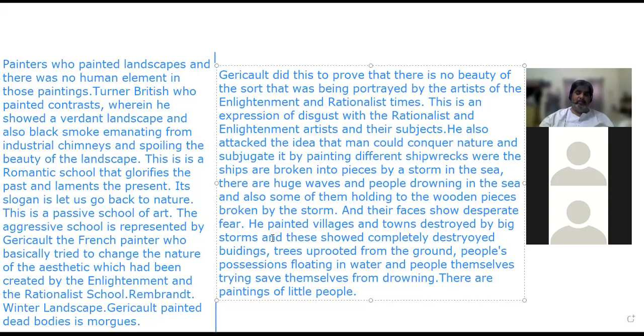So how does he attack the Romanticists or Romantics? He says, I love London because of the black smoke that is spewing out of the chimneys. I like going out wearing a nice, fresh suit and my face completely clean.